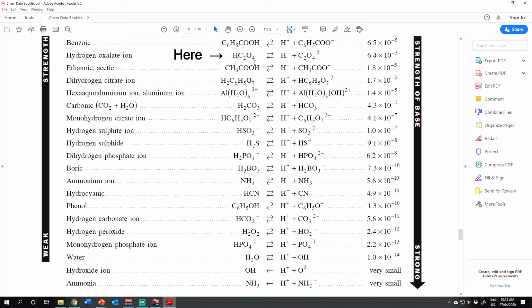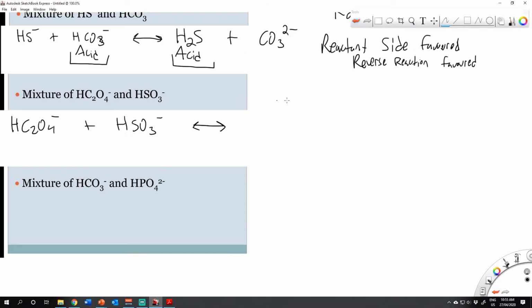Okay, so H2C2O4 is stronger. So this will force the HSO3- to become H2SO3, and HC2O4- becomes C2O4 2-. So this is my acid, and this is my acid.